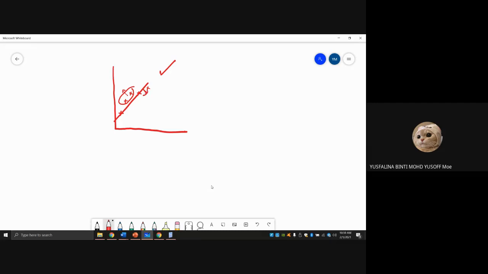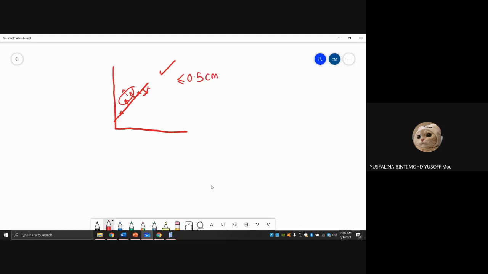Let's say you try to find, but you cannot pass through all, only can pass through 2 points like this, but they have 2 points at the above part of the graph and 1 point below the part of the graph. So this one is considered correct as long as the distance between the point and the graph that you underline is not more than 0.5 cm.